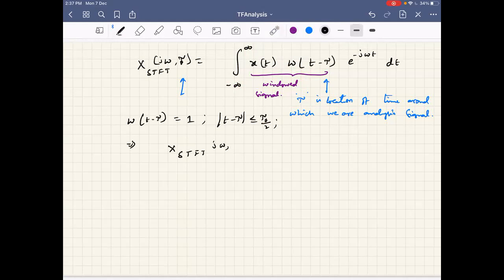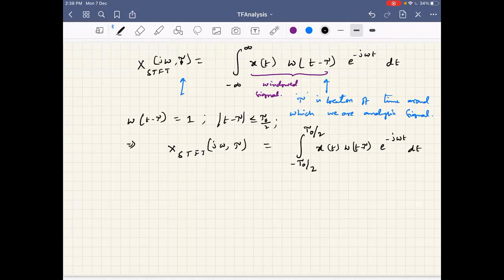You can write tau or t itself, but we preferably write tau, because it is the point around which we are finding the short time Fourier transform, since the running variable here is t. So around tau, the windowing from minus tau naught by 2 to tau naught by 2, x of t, w of t minus tau, e power minus j omega t dt. We can write it like this.